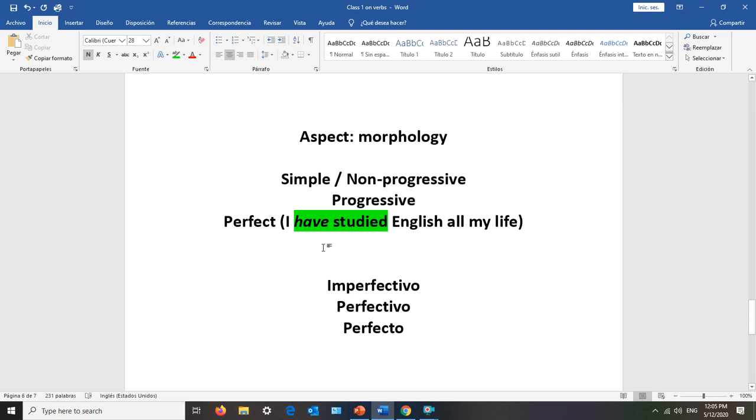So there is a connection between the past and the present that I mark morphologically with the employment of the auxiliary form have in this case.